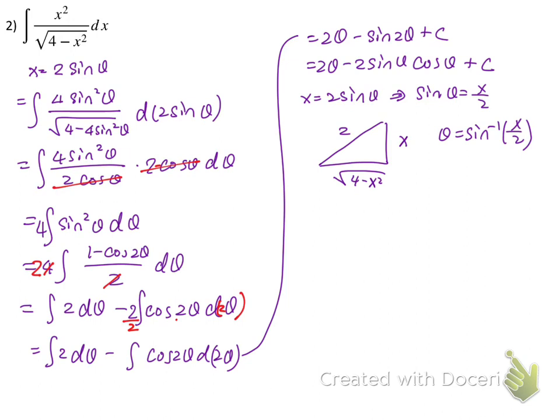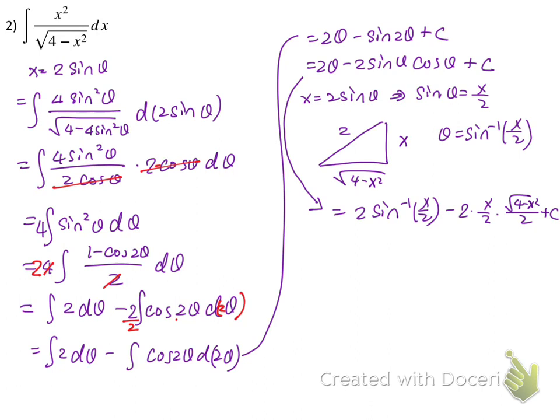Then I can put everything together. I'm having 2 times sine inverse of x over 2 for my 2 theta, and then minus the 2 sine theta, x over 2, cosine theta, square root of 4 minus x squared over 2, and then finally plus c.